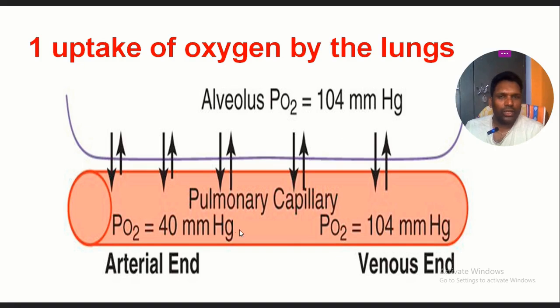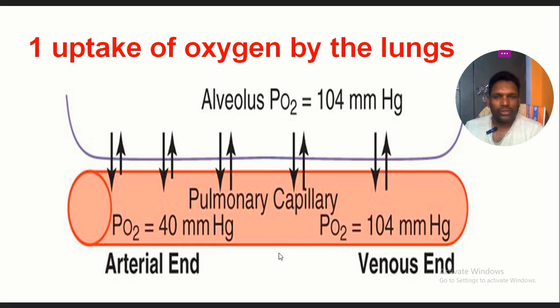Each and every alveolus is surrounded by a pulmonary capillary. The pulmonary capillary has an arterial end and a venous end. At the arterial end the partial pressure is about 40 mm of Hg, and the venous end is the same as the alveolus, 104 mm of Hg.